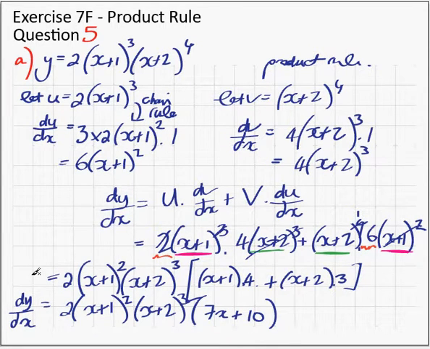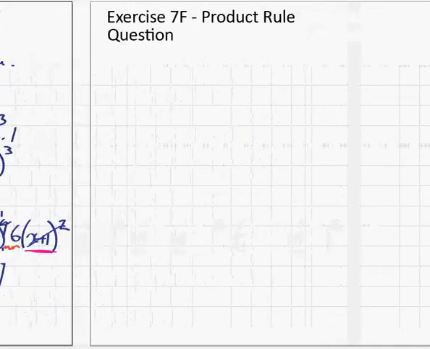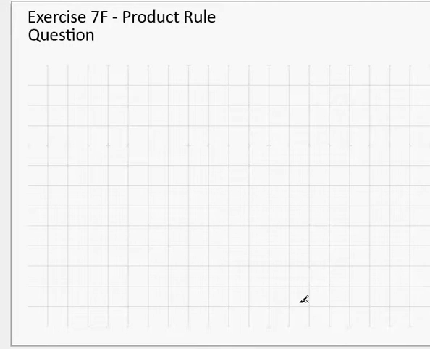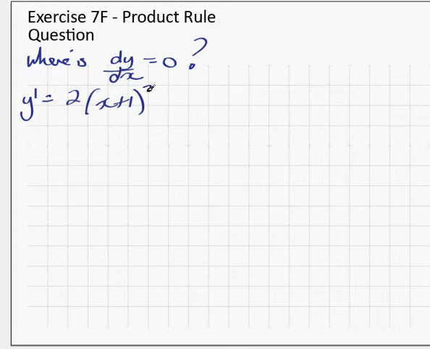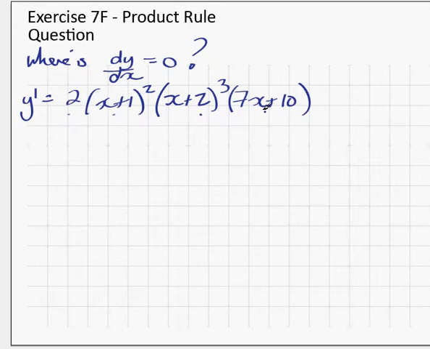I have to find the values of x that make this derivative equal to 0, and so to do that I just set my derivative equal to 0, and if I just write that out for you again, you'll see that this is a product of 1, 2, 3, 4 terms.